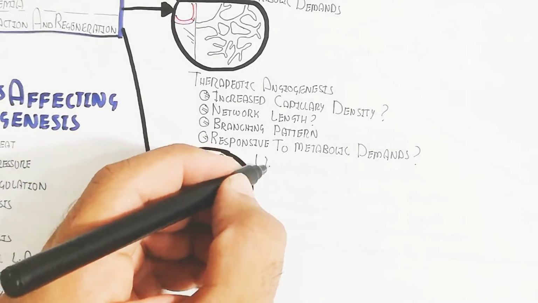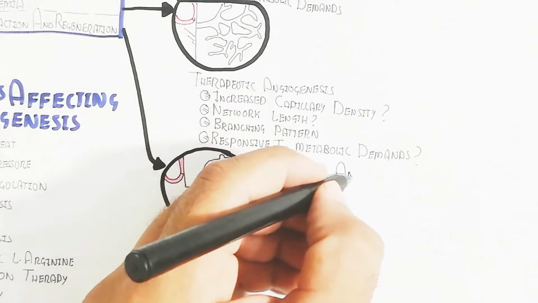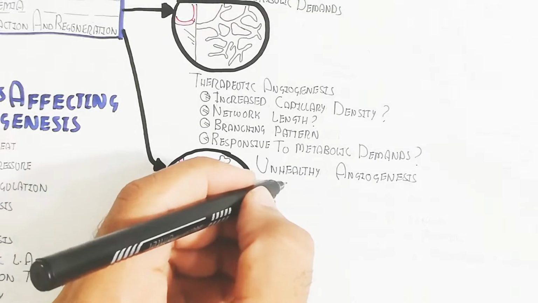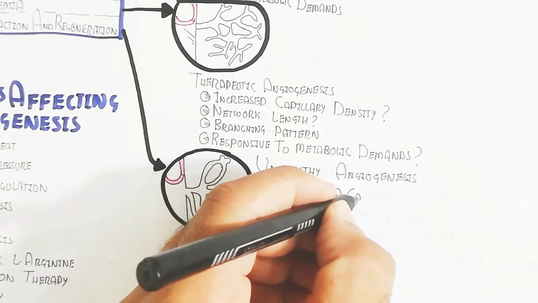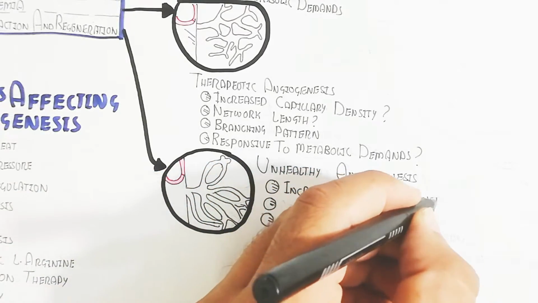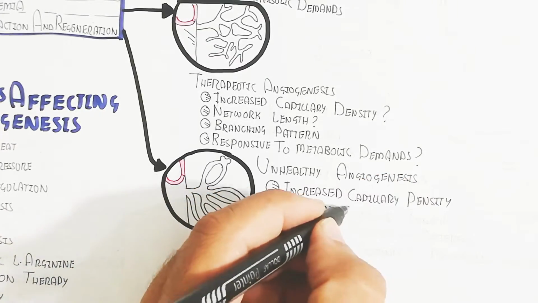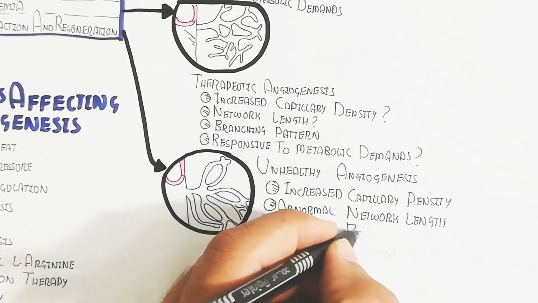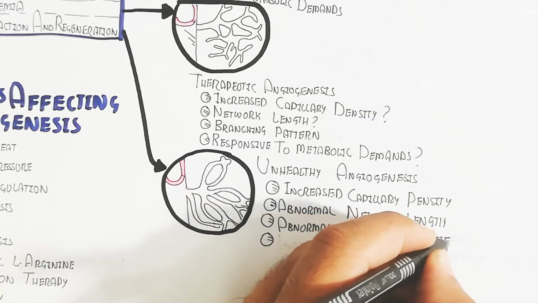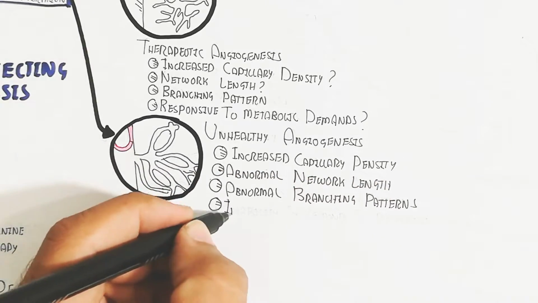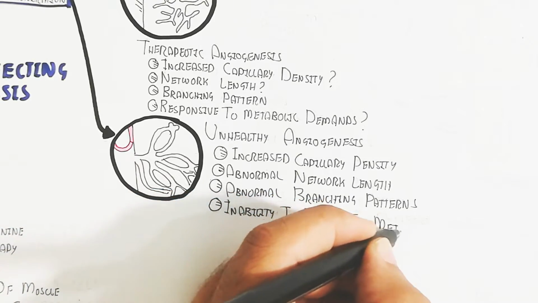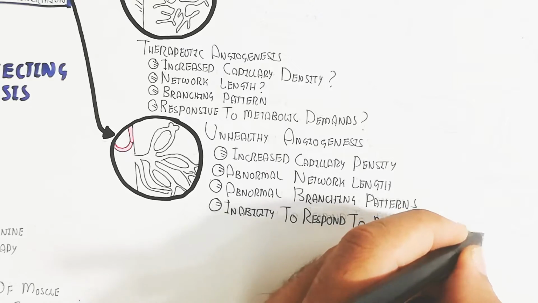In this way, when we provide therapeutic agents like endothelial nitric oxide or other things, it will increase angiogenesis. On the other hand, unhealthy angiogenesis involves increased capillary density, abnormal network length, abnormal branching patterns, and inability to respond to metabolic demands.